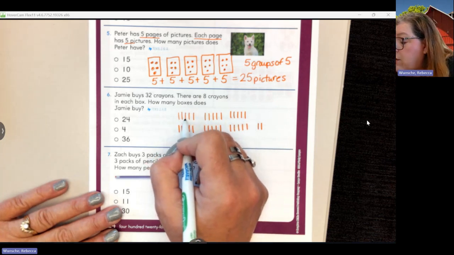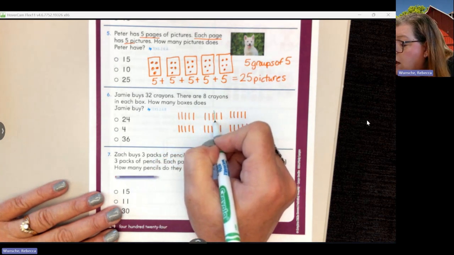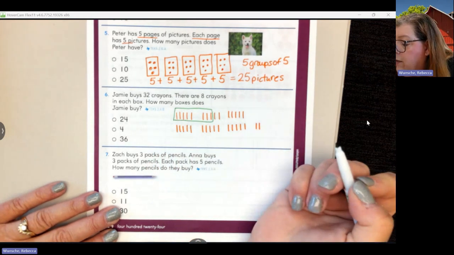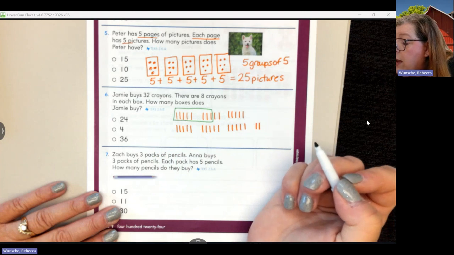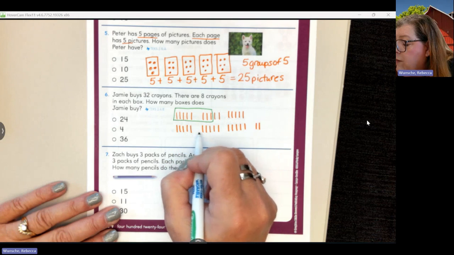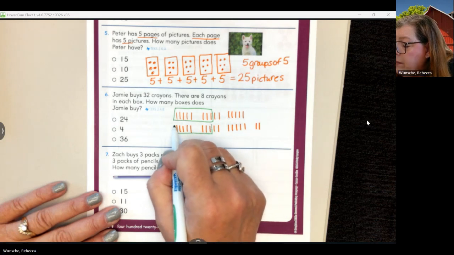So I had 1, 2, 3, 4, 5, 6, 7, 8, and I'm just going to draw my physical box around those 8 crayons. Then I'm going to go and capture 8 more crayons. 1, 2, 3, 4, 5, 6, 7, 8 more crayons right here.